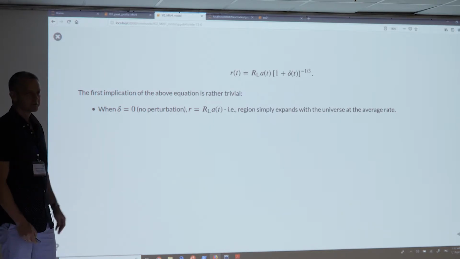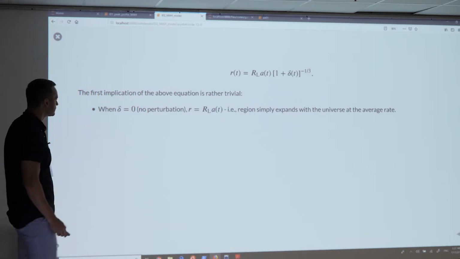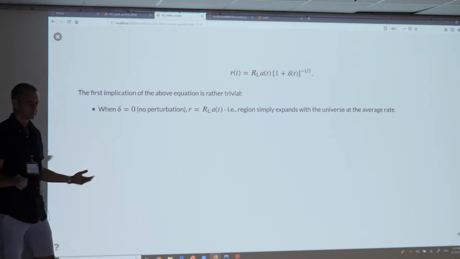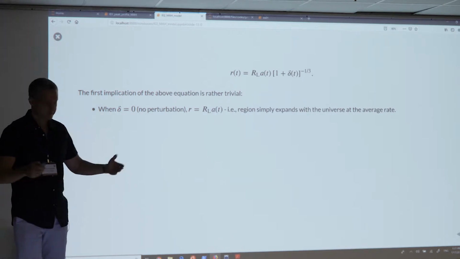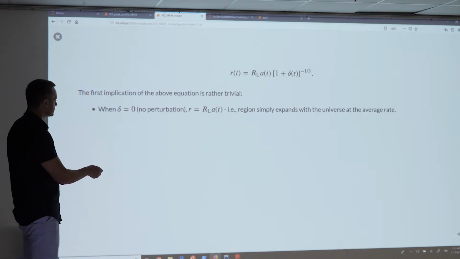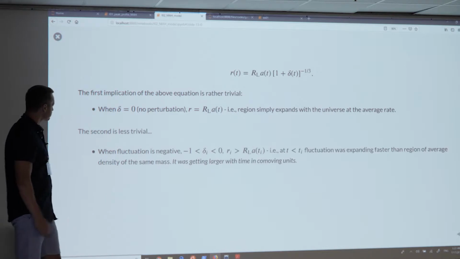Well, it was difficult to make a mistake because it was just simple algebra and conservation of mass. So with no perturbation, the region expands just like background cosmology, modulated by its initial Lagrangian region. We take the initial radius of the perturbation, and then it expands as the universe with the expansion factor. That's very trivial, maybe just a consistency check.